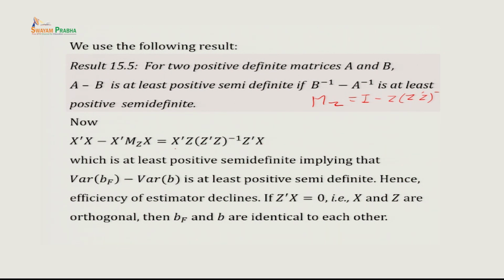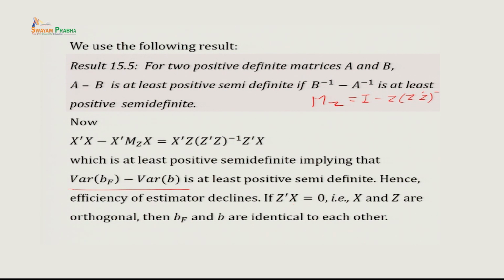Now, this matrix is at least positive semi definite, and this implies that the difference between the variance covariance matrices of B f and B is at least positive semi definite. So, if we use the misspecified model and if we include some irrelevant variables in the model, it is going to decline the efficiency of the estimator.